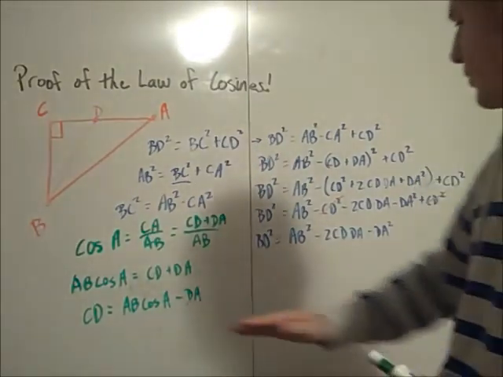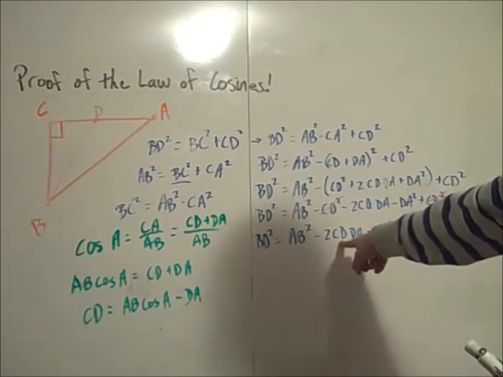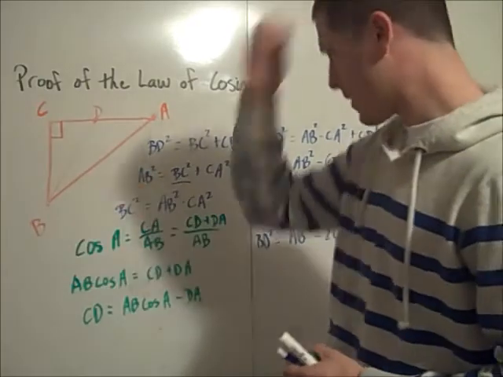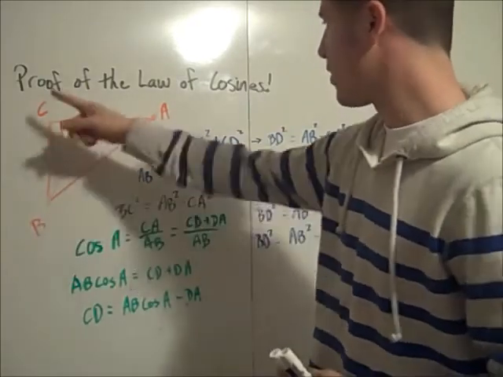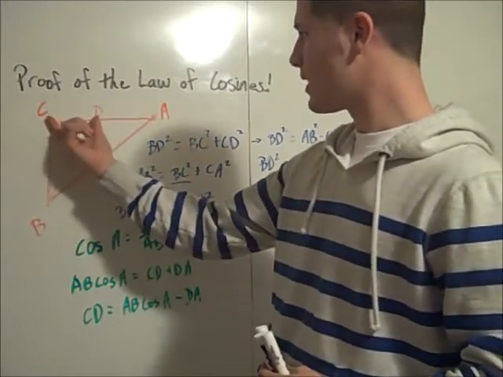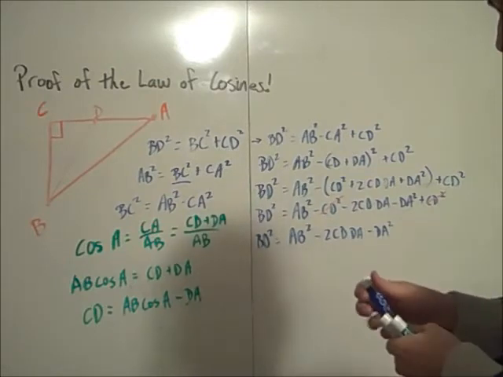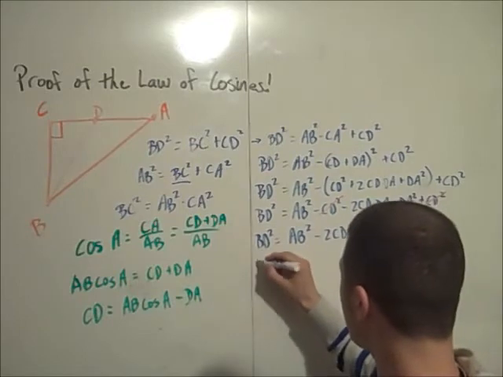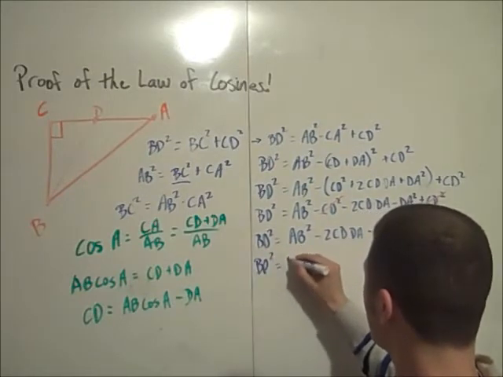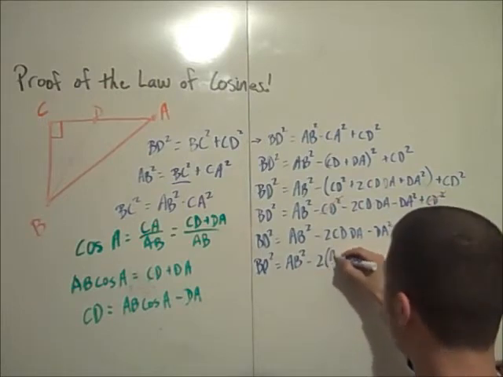Now let's substitute this in for CD right here. We want to do that because we're trying to prove the law of cosines for this oblique triangle, triangle BDA. It doesn't make good sense for us to have this segment CD involved there.